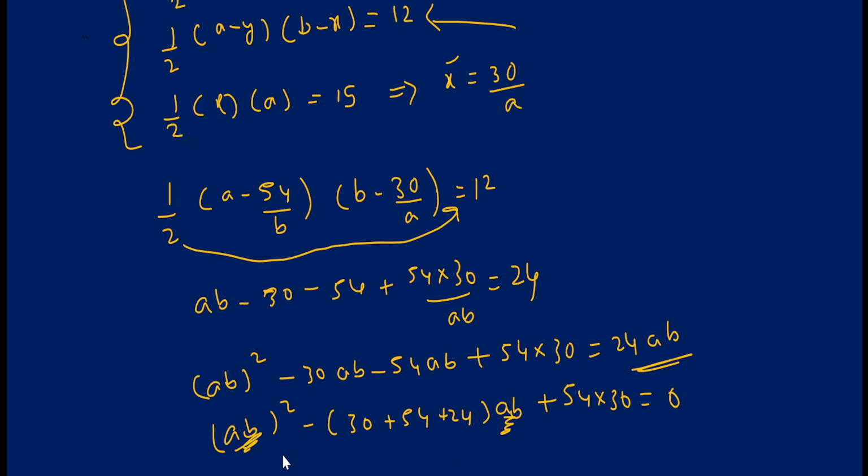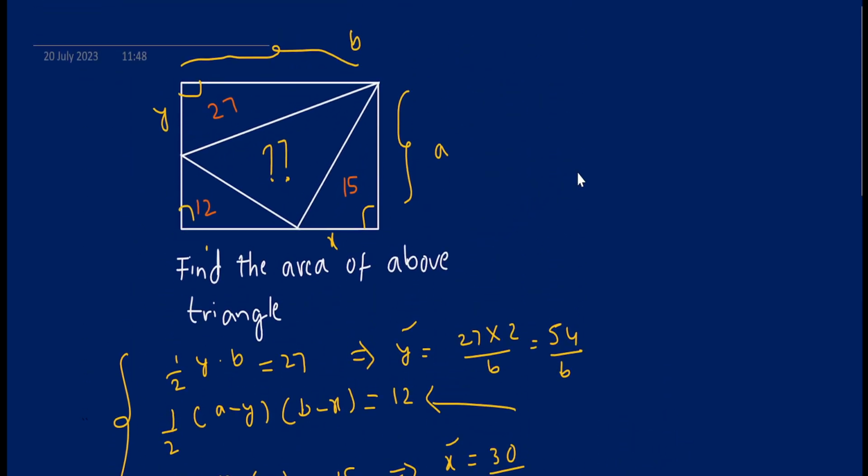You might think, okay, we are getting the value of AB, but what's the use of getting AB? If you clearly observe, by the principle of geometry, A into B is the area of the rectangle. And by the fundamental principle, the areas of all these four triangles should add up to AB.